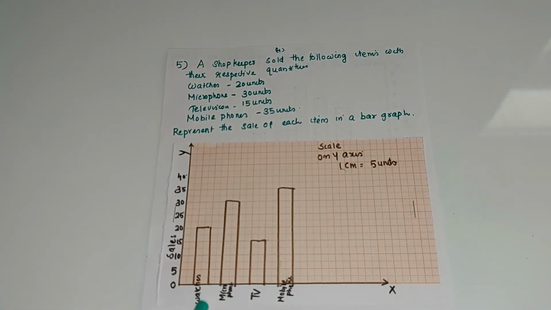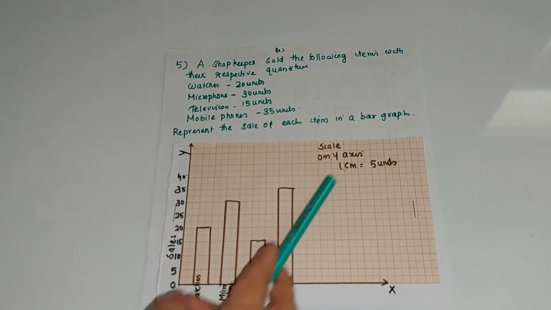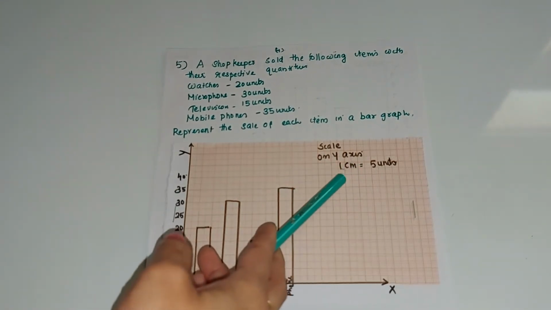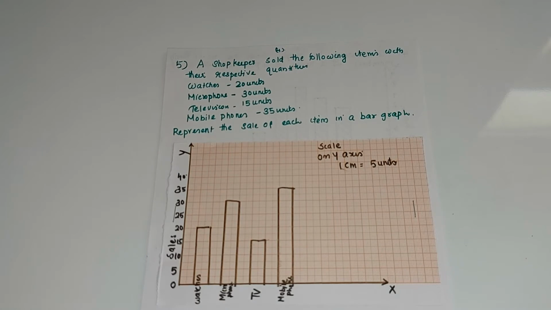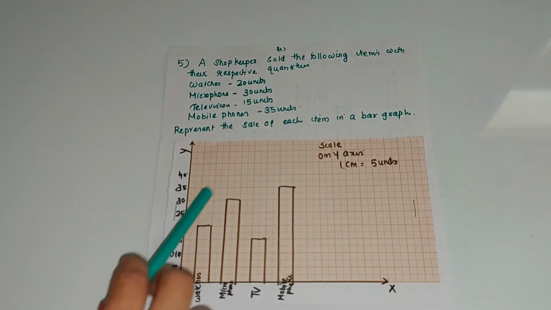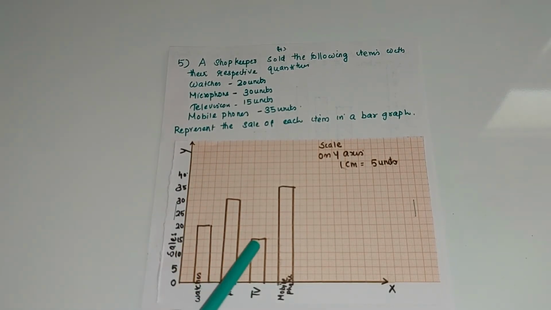I took the unit on the y-axis as 1 centimeter equal to 5 units. So watches 20, microphone 30 units, TV 15 units, and mobile phone 35 units.